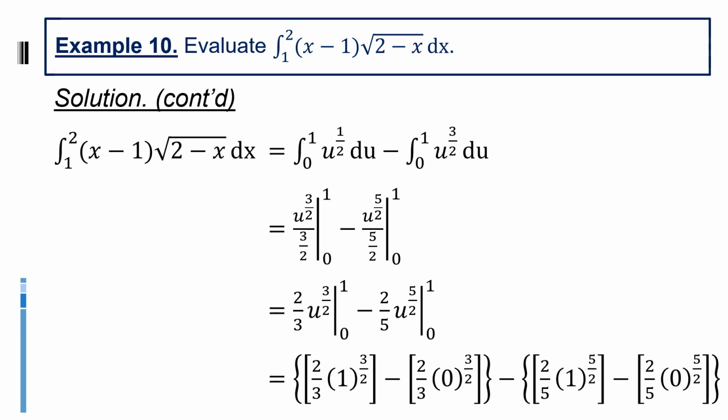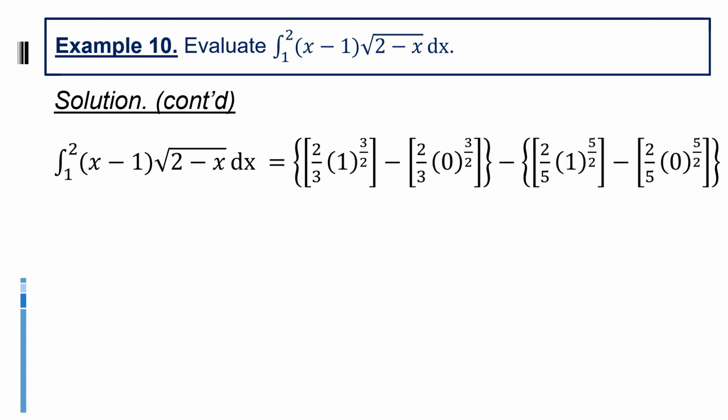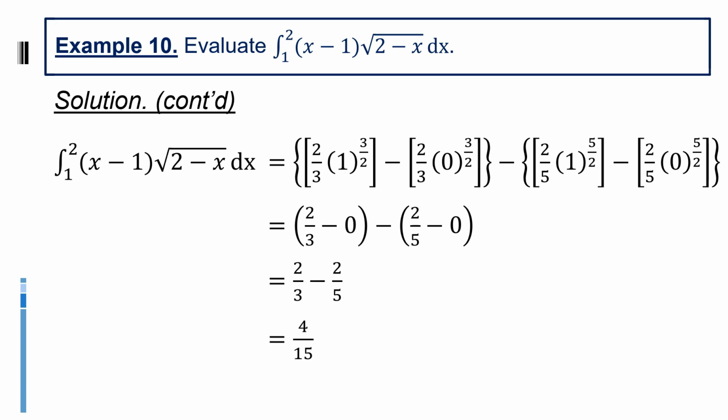Now, evaluating, we have 2/3 times 1 raised to 3 halves minus 2/3 times 0 raised to 3 halves para dito sa ating una. Then, sa pangalawa naman, minus 2/5 times 1 raised to 5 halves minus 2/5 times 0 raised to 5 halves. You can verify in your calculator that that is 2/3 minus 0 minus 2/5 minus 0. Or that is 2/3 minus 2/5 or 4 over 15.